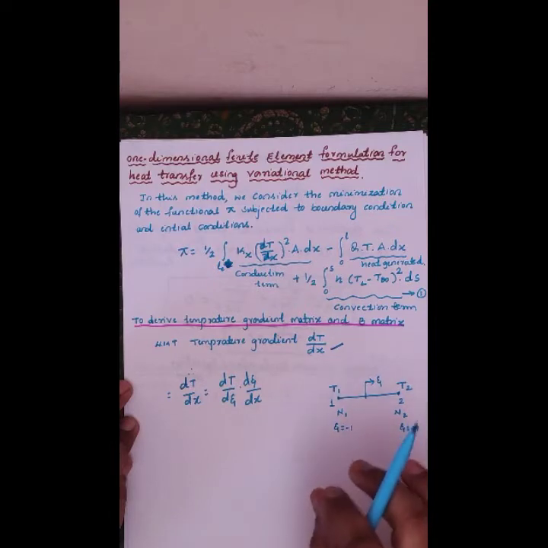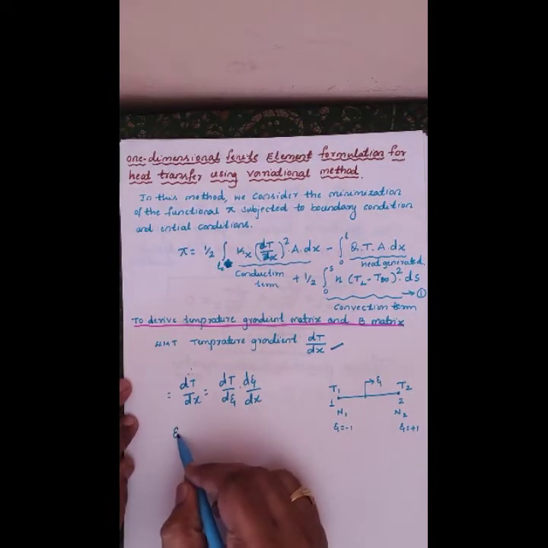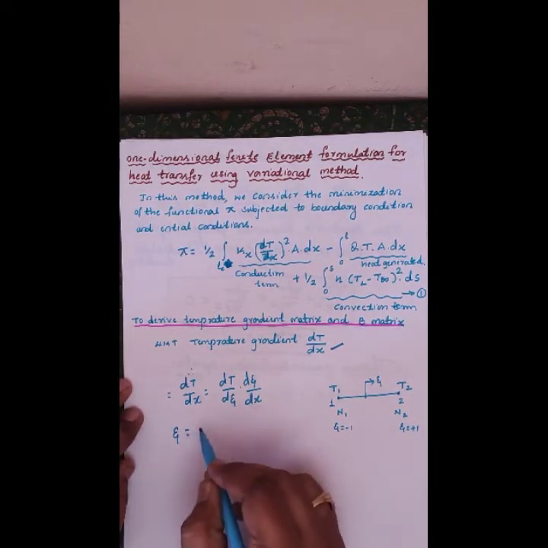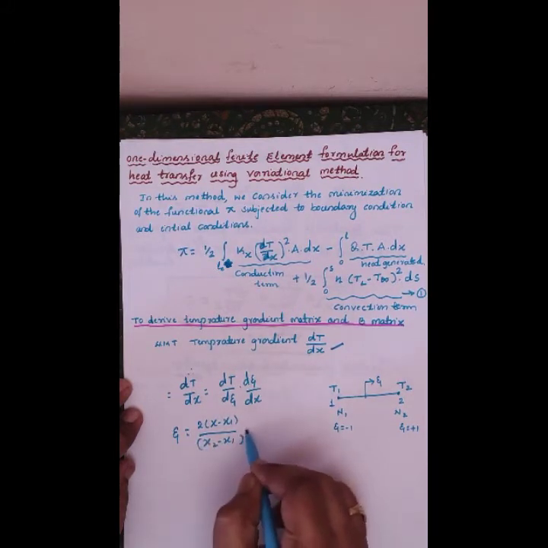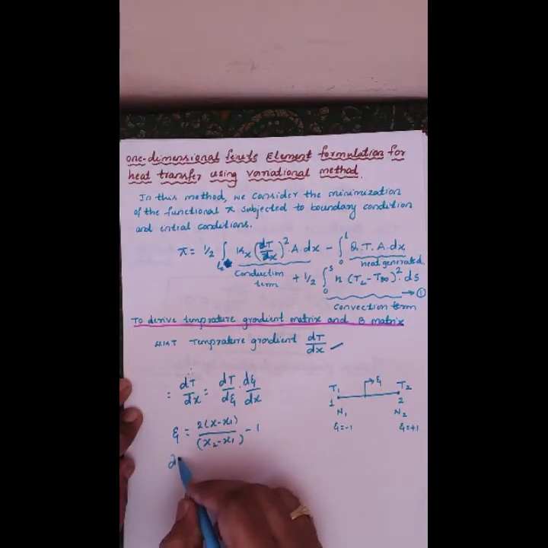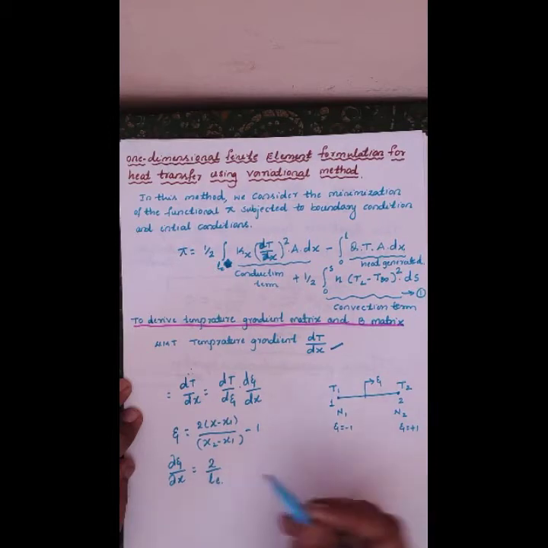Everything else is almost similar to what we discussed for the bar element. Now we know the relation between zeta and x: zeta equals 2 into (x minus x1) divided by (x2 minus x1), minus 1. It holds good for this also. Now if you differentiate this, d zeta by dx is 2 by Le. This we know.